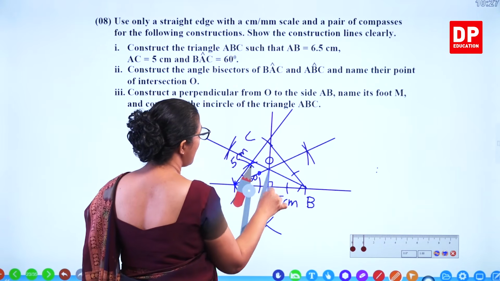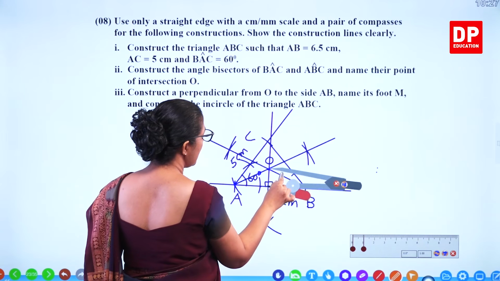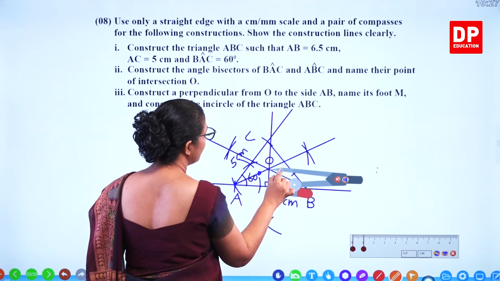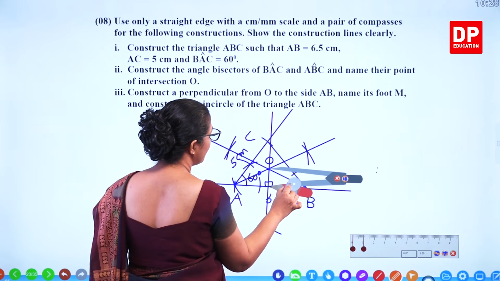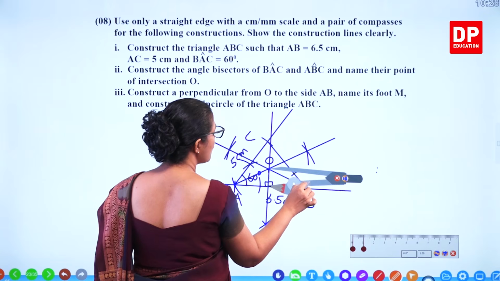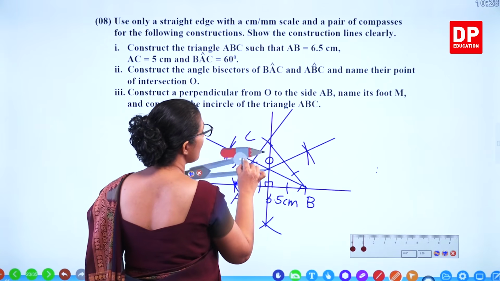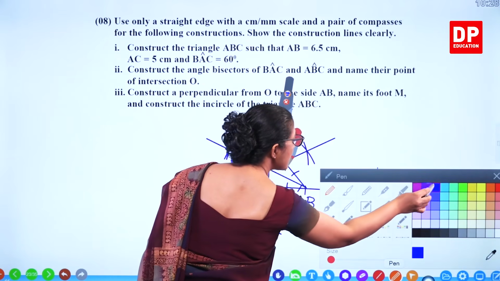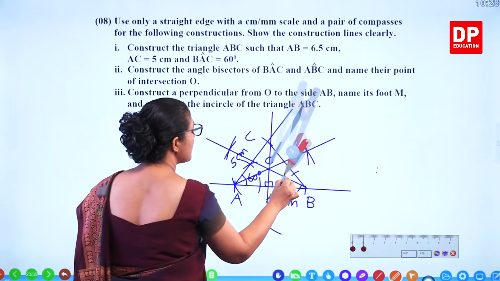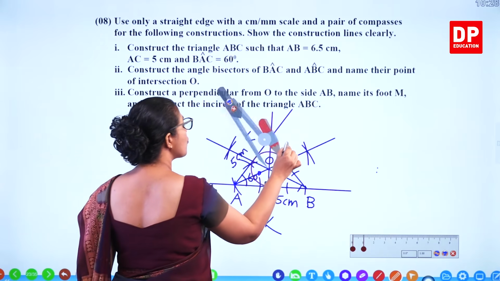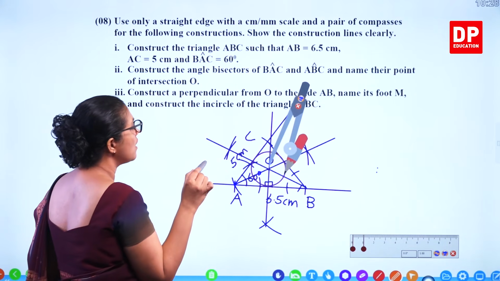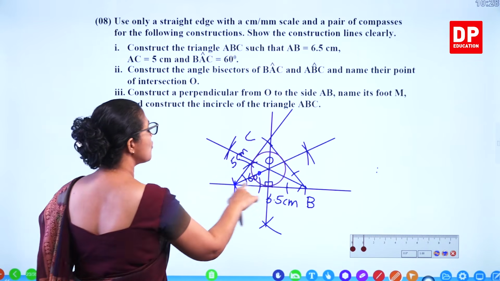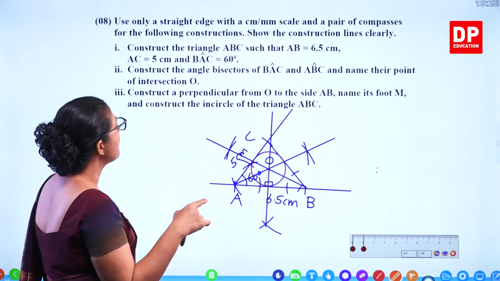Here slightly up, we'll take again correctly. Now check. Now it's correct. So I'll take a different color for the circle. Now you can draw the incircle. Inscribed circle also sometimes we call. That's the incircle, touching all the sides of the triangle ABC.